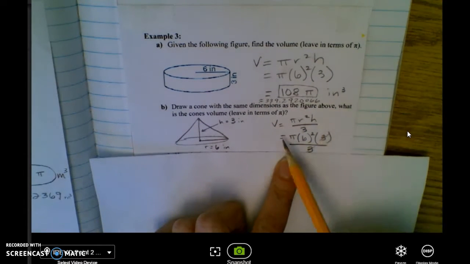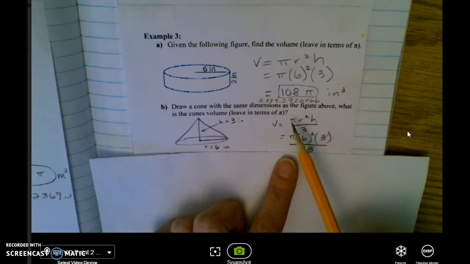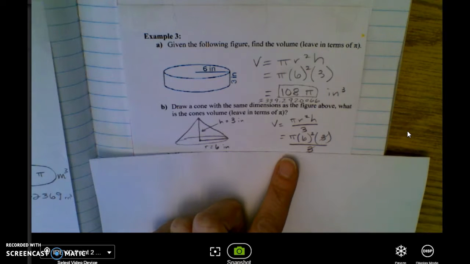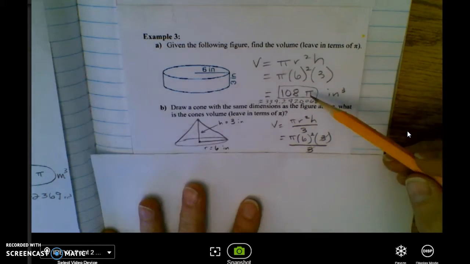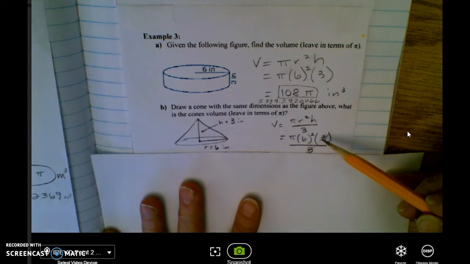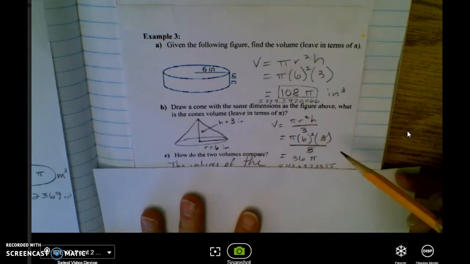And then remember, when you find the volume of a cone, we're going to take pi r squared h and divide by 3. So you know what's going to happen when we plug in our radius squared times 3. We're going to get that 108 pi, but we're going to have to divide by 3. So what happens when you take 108 pi and you divide by 3, it's almost as if these 3's cancel in your original formula.